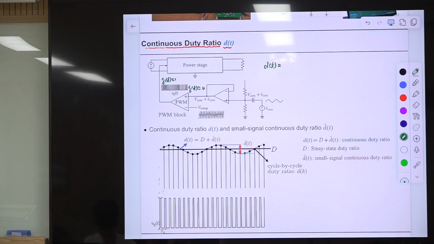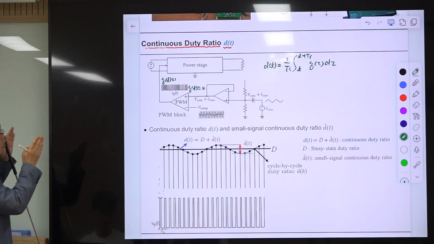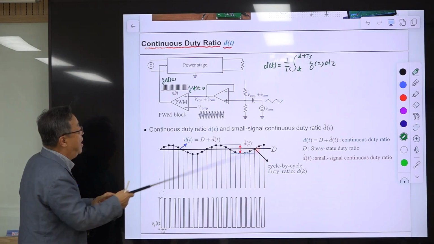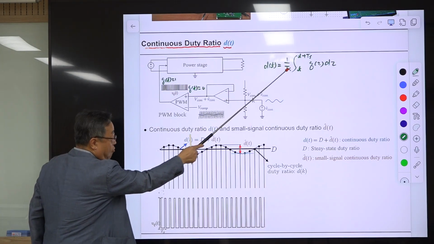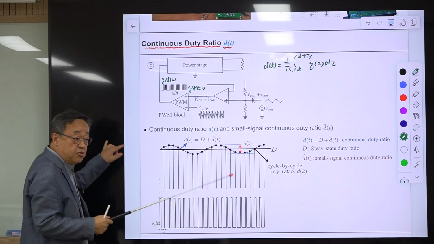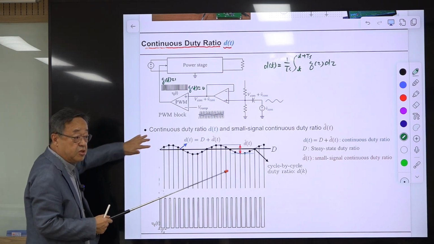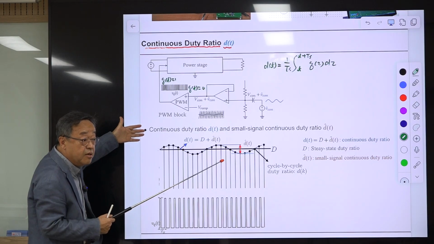Then d(t) is defined as this. This is the integration over one switching period of q(tau) d tau, with a dummy variable tau. We integrate just one switching period and divide by this one switching period. Then the duty ratio is 0.5. This value will be 0.5.